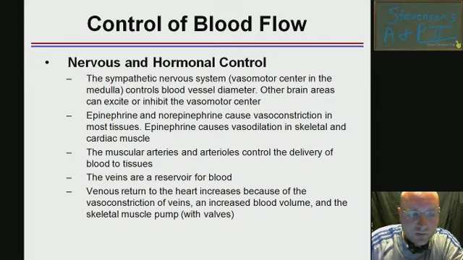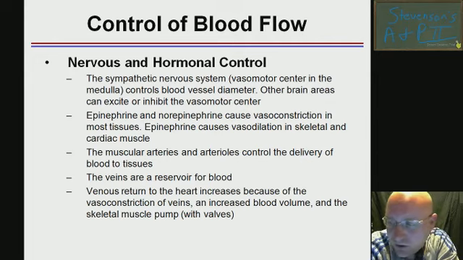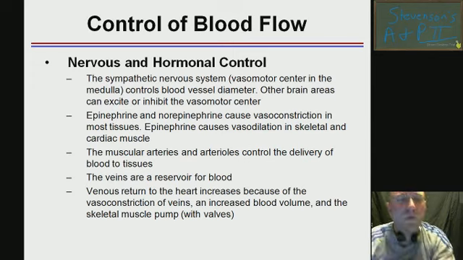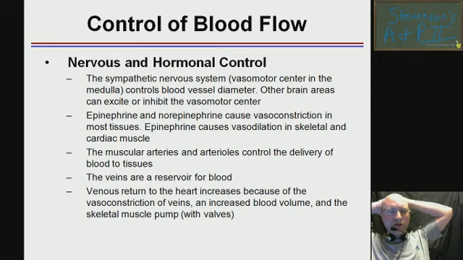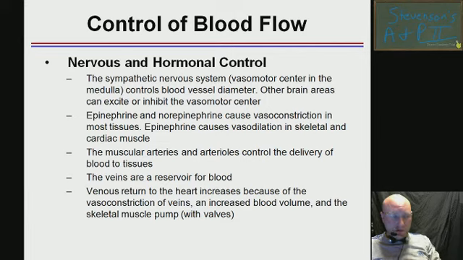Nervous system and hormonal control. The sympathetic nervous system, through the vasomotor center in the medulla, controls blood vessel diameter. Other brain areas can excite or inhibit the vasomotor center. Epinephrine and norepinephrine can cause vasoconstriction in most tissues, and epinephrine causes vasodilation in the skeletal and cardiac muscles.